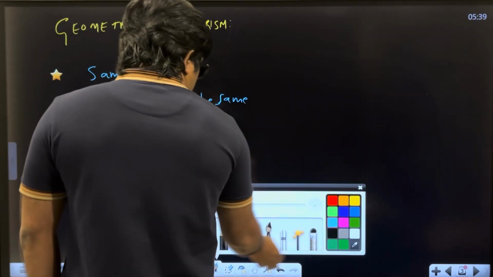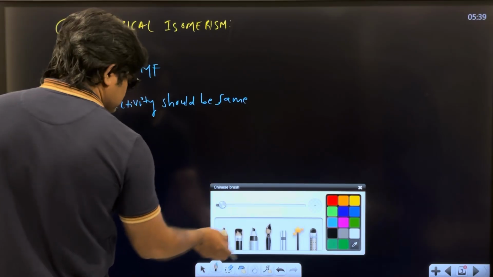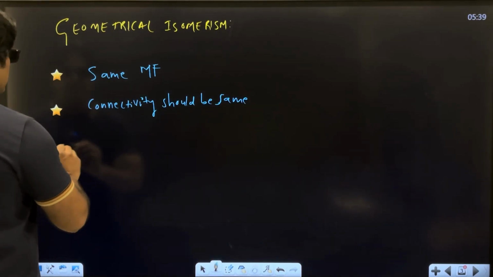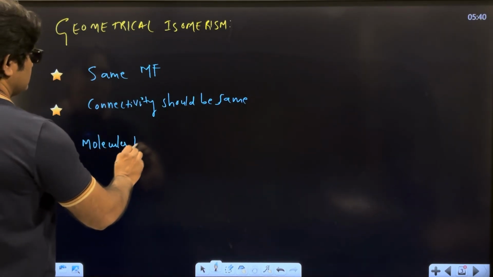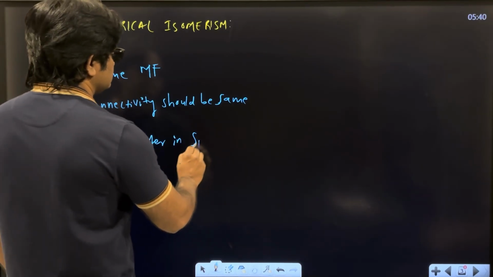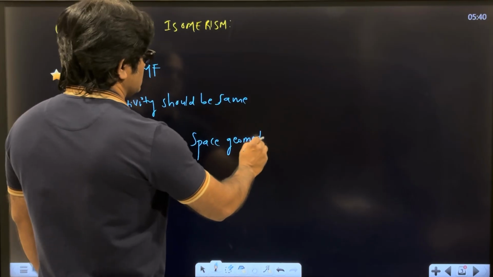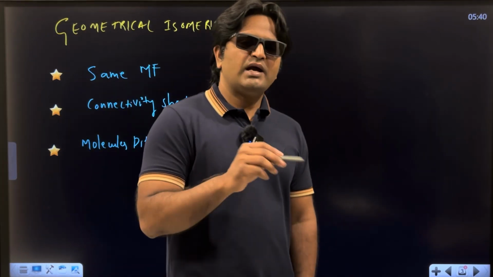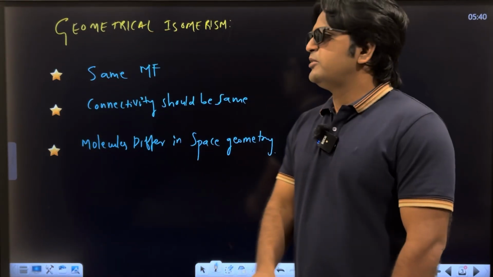Next one, third important point. Molecules having the same molecular formula and the same connectivity differ in space geometry. We can also say that atoms and groups differ in spatial arrangement, so those are known as geometrical isomers.